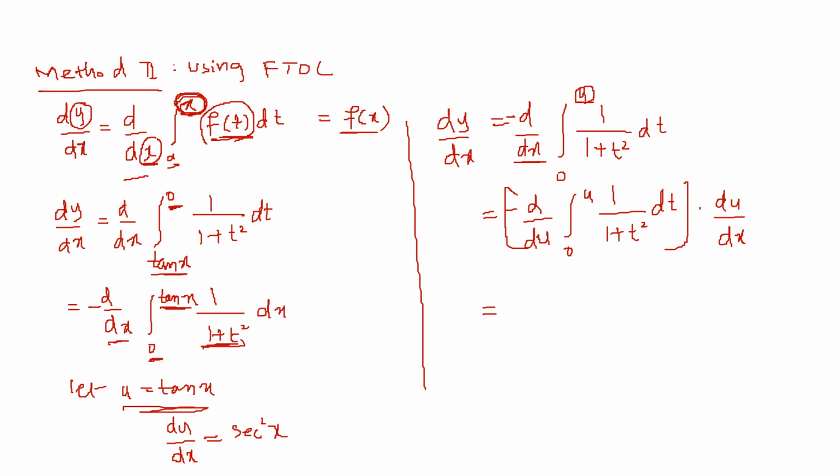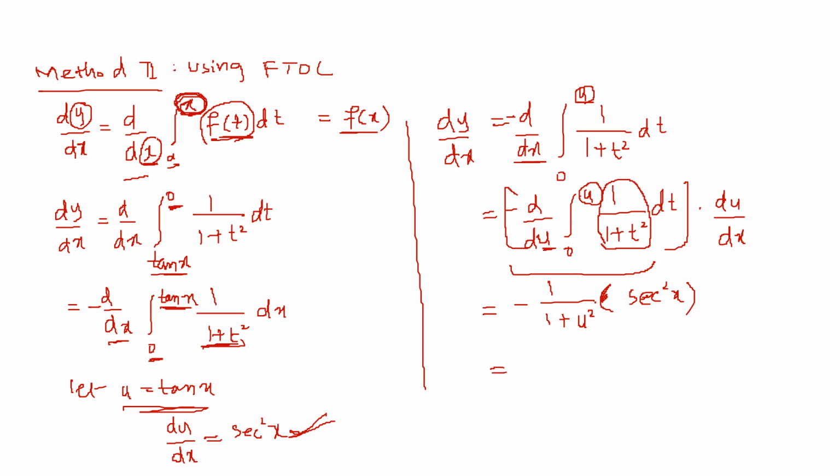Applying the fundamental theorem to this part, we can directly evaluate this integral at the upper limit, and the upper limit is u, and the derivative is with respect to u, so we get 1 over 1 plus u square with a negative sign, times du by dx, which is secant square x.